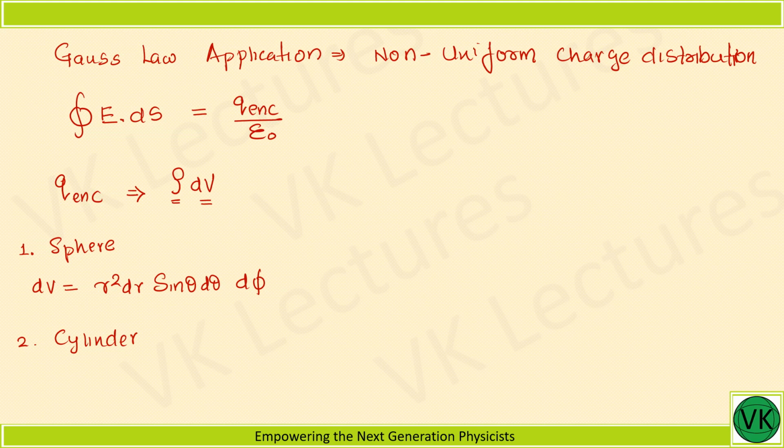For the cylindrical coordinate system, dv equals r dr d phi dz. We have been using rho d phi dz, but in the case of charge density we use rho for that, so that's the reason why we are using r dr d phi dz.